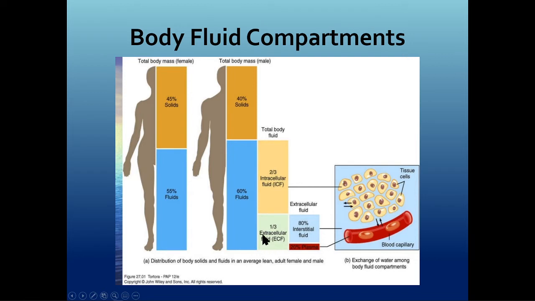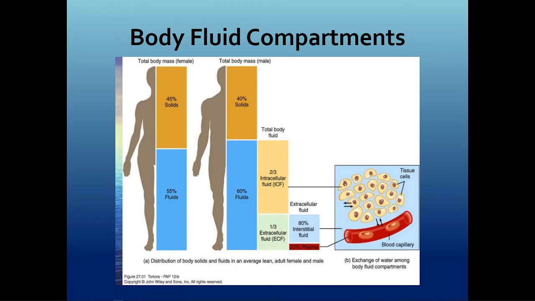And of that fluid in the extracellular environment, the majority of it is going to be interstitial, which means found in between the cells. The other 20% of it is going to be that liquid part of blood, the plasma, that's making up the liquid part of the blood tissue.